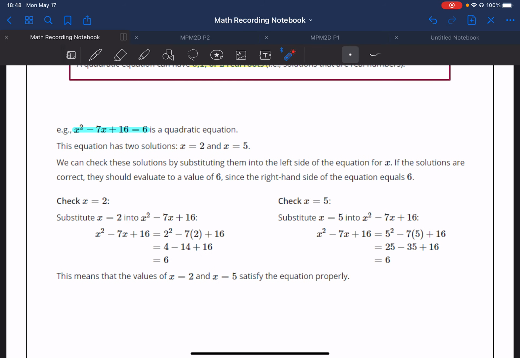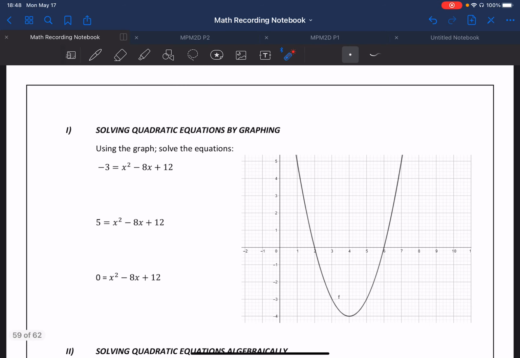So there are other ways we can solve quadratic relations. Sometimes we can use graphing. What we're going to do is look at this particular graph and see where we can find these points. Right now it's saying -3 equals x squared minus 8x plus 12. So we want the value of x when y is equal to -3.